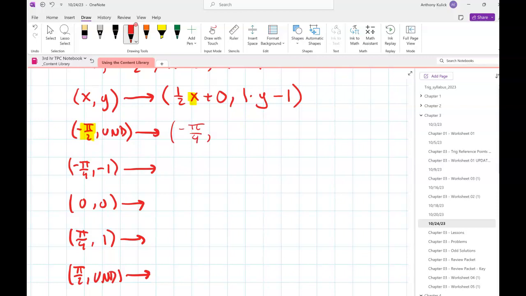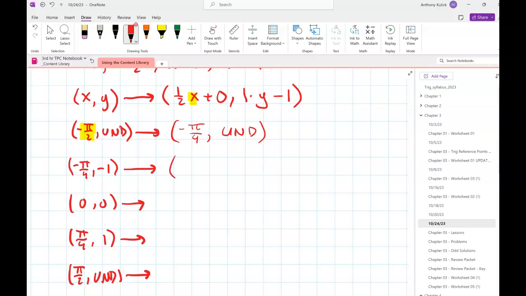What do I get when I do 1 times undefined minus 1? Well, for our purposes, whatever you do to undefined just stays undefined. You multiply it by a non-zero constant, add anything or subtract anything from it, it's still undefined. It's kind of like an infinity. If I add 3 to infinity, how much do I have? Still infinity. You know what I'm saying?